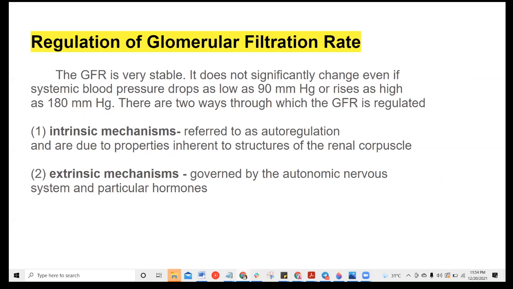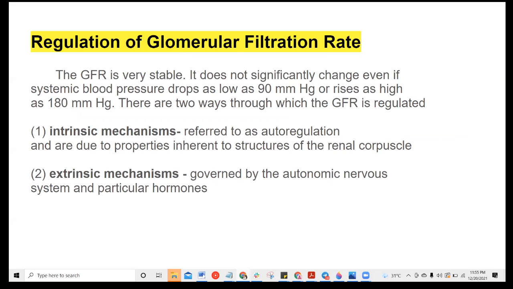There is also regulation of glomerular filtration rate that we should discuss so that we can fully grasp how urine is formed. GFR is very stable. It does not significantly change even if systemic blood pressure drops or rises as high as 180.